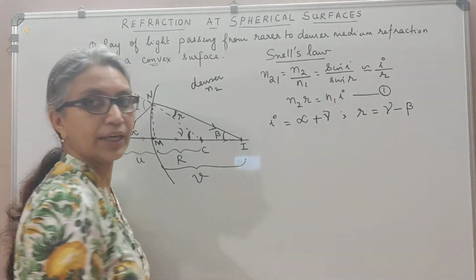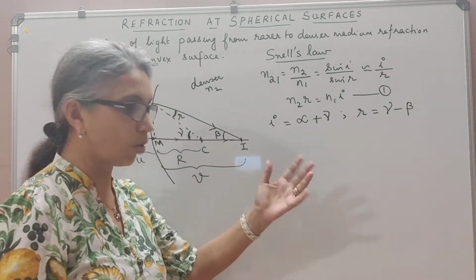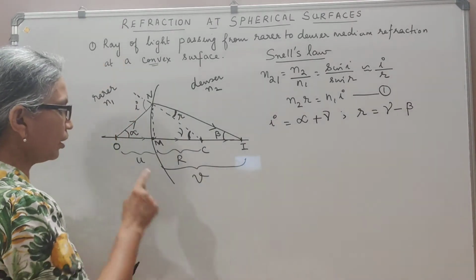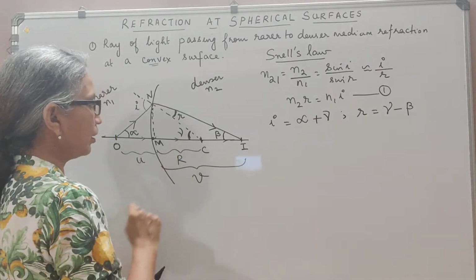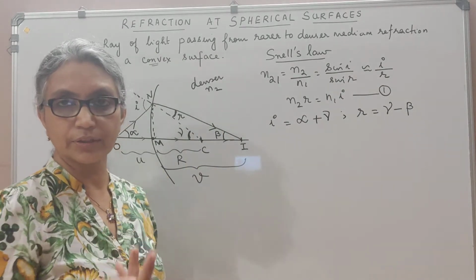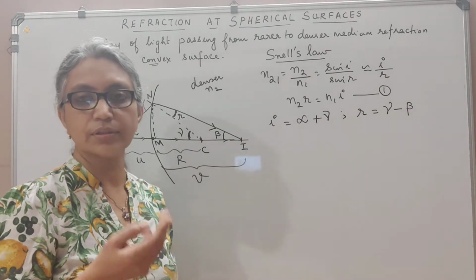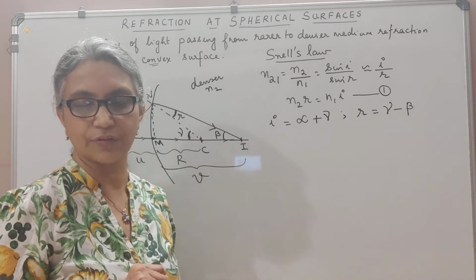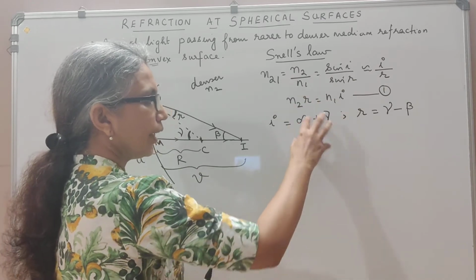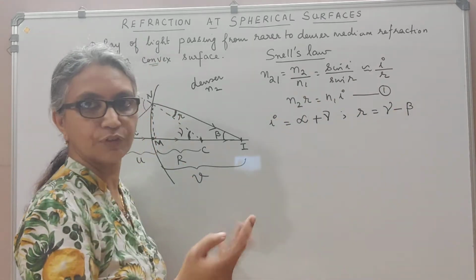I need to substitute for alpha, beta and gamma because our whole aim is to finally find a relation between U, V, R, N1 and N2. We are somehow trying to relate the refractive indices of the two media, the image distance, the object distance and the radius of curvature. So I've got I and R in terms of N2 and N1. I need to bring that in terms of U, V and R.